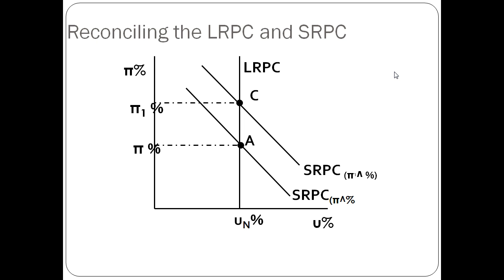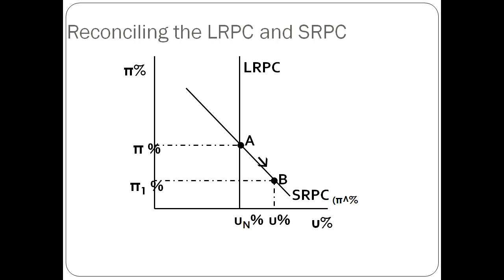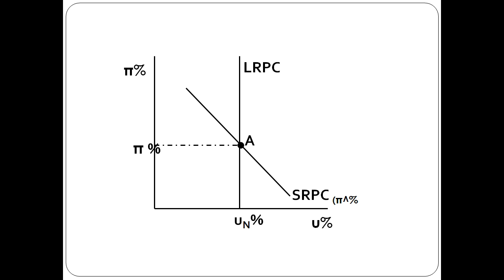All right, let's try another reconciliation here. All right, so once again, we have a short-run Phillips curve intersecting a long-run Phillips curve at point A. We're at an inflation rate. We're at the natural rate of unemployment here. So now what we're going to do is we're going to have a policy to fight inflation, to lower inflation.